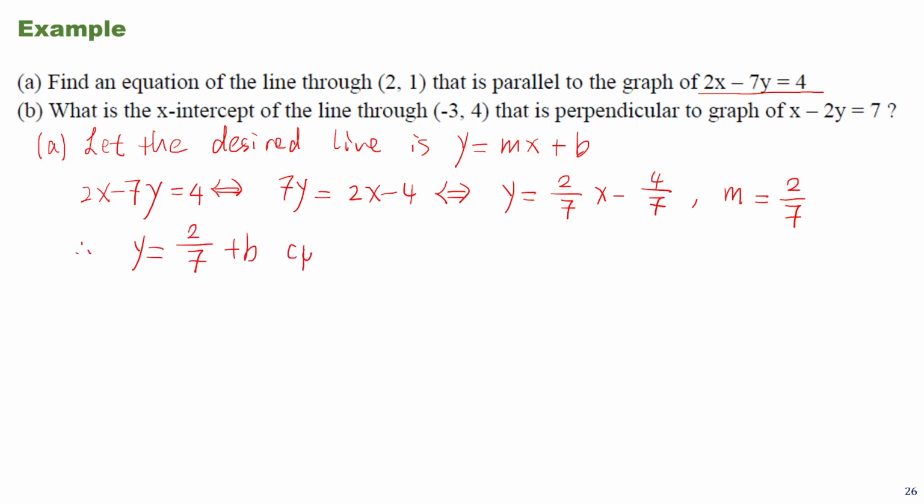Also, this line crosses the point (2, 1). So we can insert (2, 1) into that line. When x equals 2, y equals 1. So we can solve b.